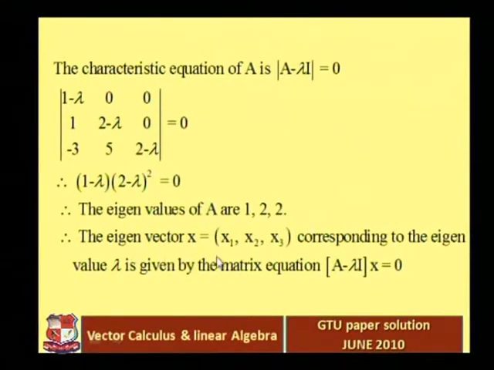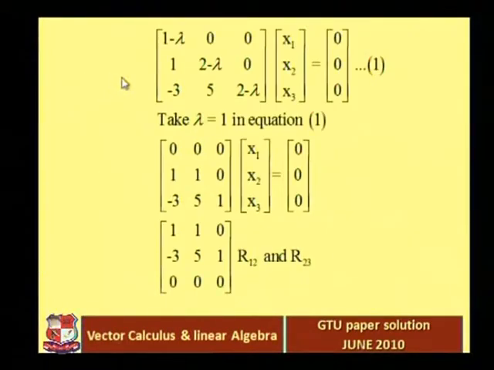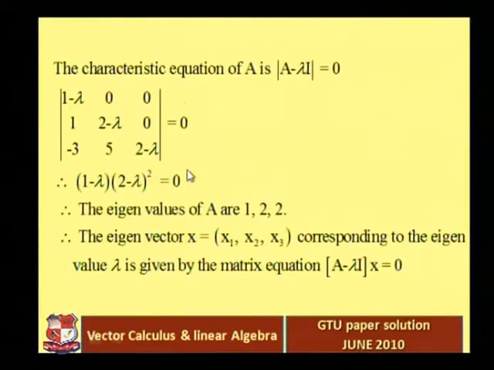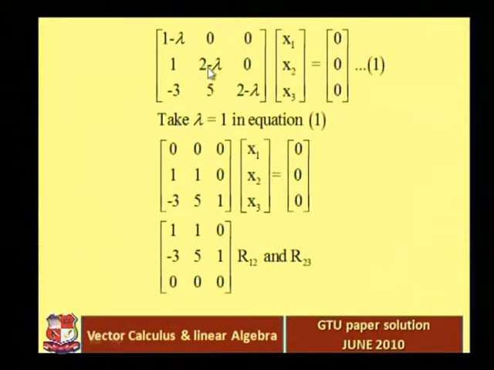The eigenvector x = (x1, x2, x3) corresponding to the eigenvalue lambda is given by the matrix equation (A minus lambda I) x is equal to 0. Now put lambda equal to 1.